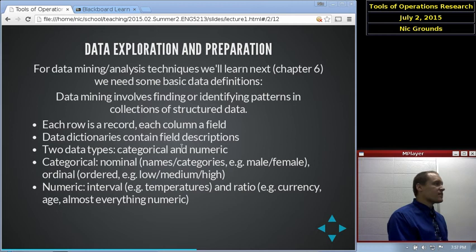So we have a structured data set made up of what we're going to call records. In Excel, these would be rows of data, and each record is, for example, a different student. So it's a different item in the data set. For each record, we'll have the same set of fields, or the same set of characteristics that we know about them.